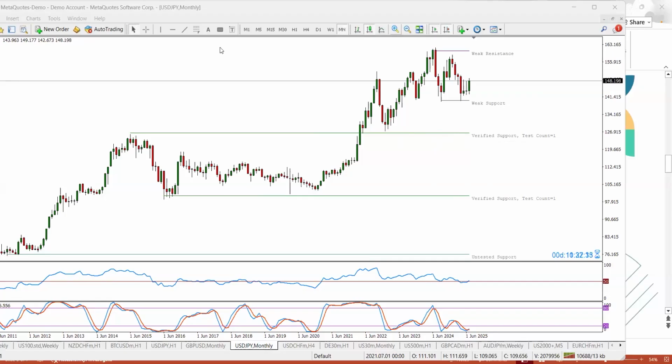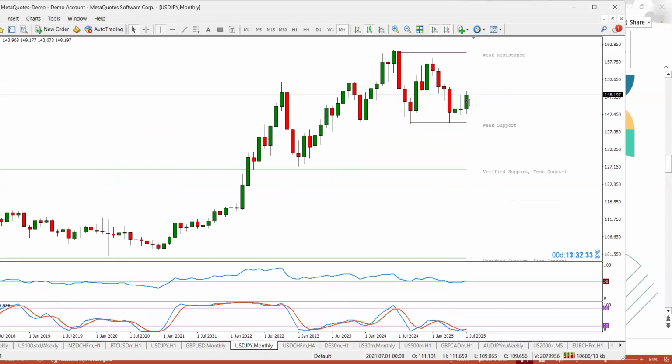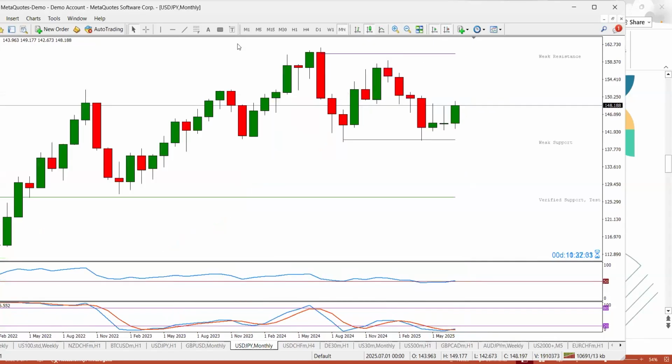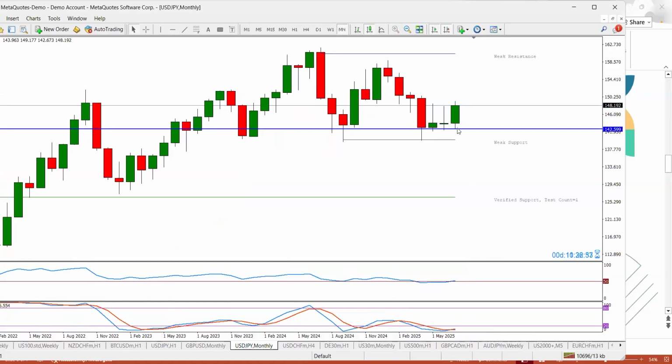Now, I've been able to verify that the trend is upward. I use just this one candle here. This candle is a monthly candle. That means at the beginning of this month, price of USJPY was somewhere at 142.599.